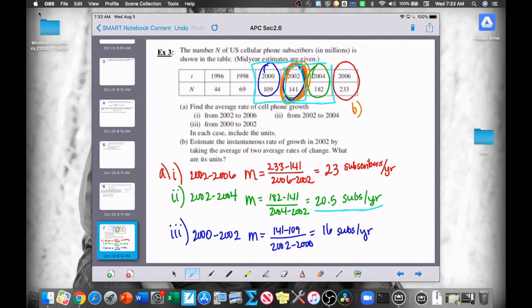So for letter B, I am going to average them together to estimate my instantaneous rate of growth in 2002. My slope average is going to be equal to 20.5 plus 16 divided by 2, which gives me an estimated instantaneous rate of change of 18.25 subscribers per year.